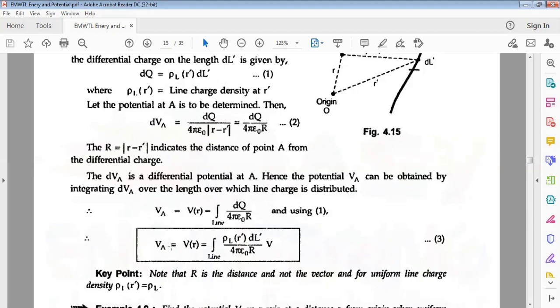Okay, the VA is equal to, what is the dq? We got rho L dl. So rho L of r dash dl bar.